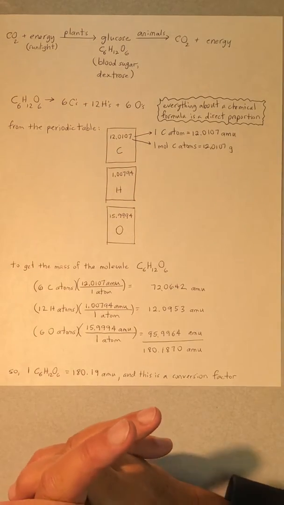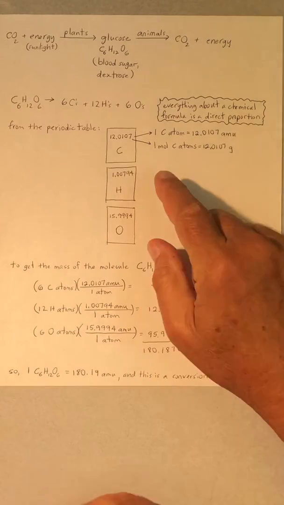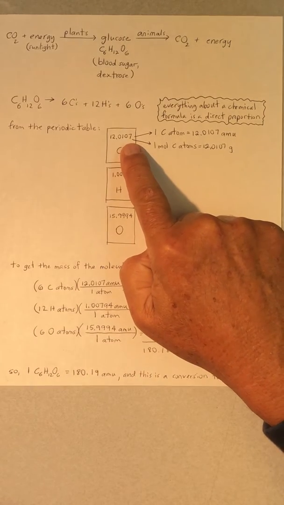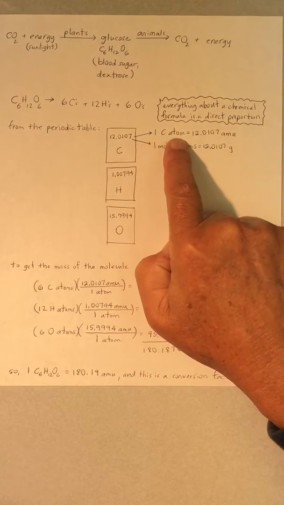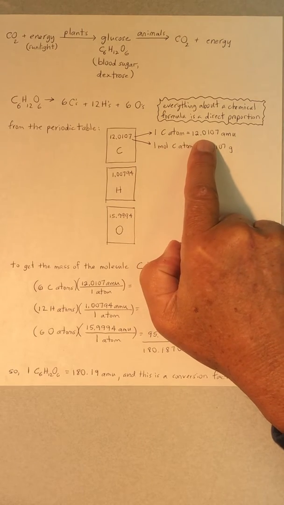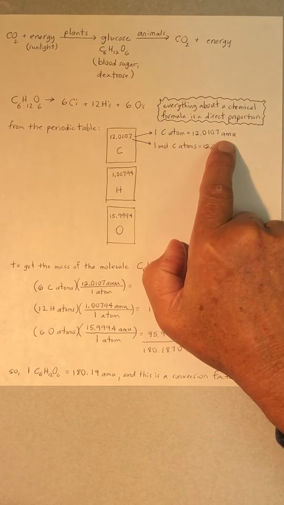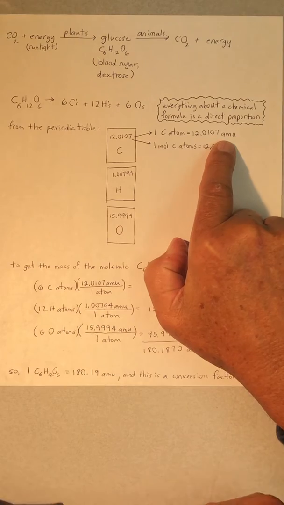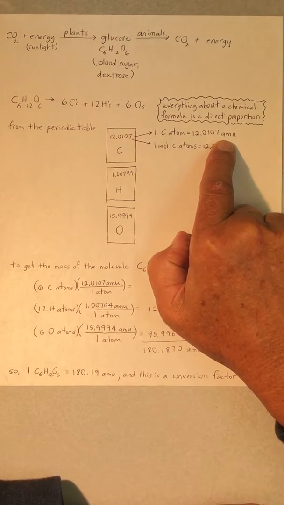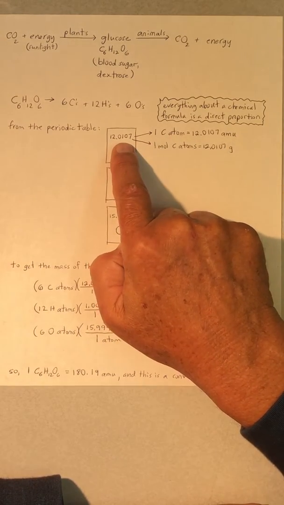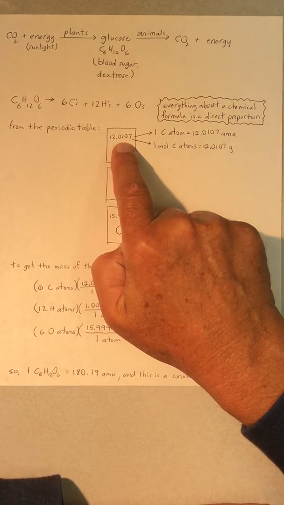So if we recall from your previous chapters, if I take this number and I'm talking about a single carbon atom, it's going to weigh about 12.0107 atomic mass units. Of course, there is no particular atom that weighs that. Remember, this represents the weighted average of all the carbon isotopes on planet Earth.